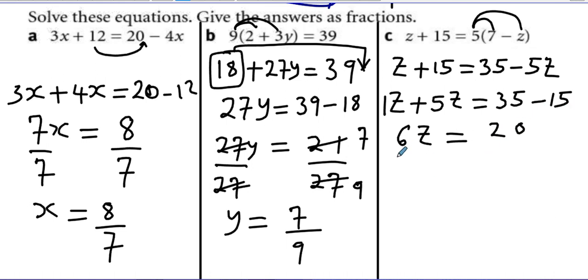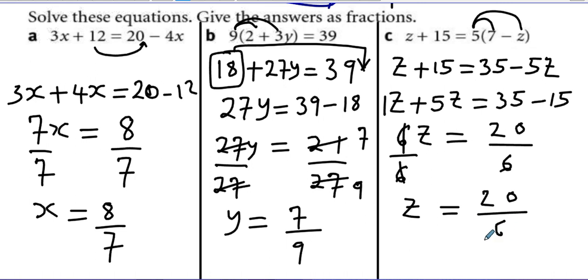To find the value of z, we have to divide by 6 on both sides. And this will be z equals 20 over 6. This we can simplify by 2, this is 10, by 2, this is 3. So the answer will be z equals 10 over 3.